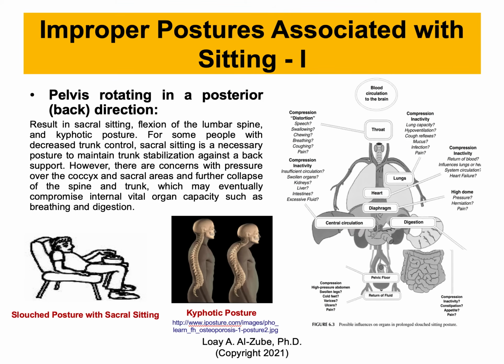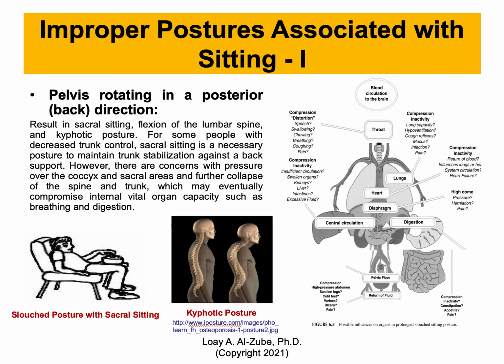However, there are concerns with the pressure over the coccyx and sacral areas and further collapse of the spine and trunk, which may eventually compromise the internal vital organs' capacity, such as breathing and digestion, and this could result in suffocation of the person or an improper amount of oxygen intake for the patient.